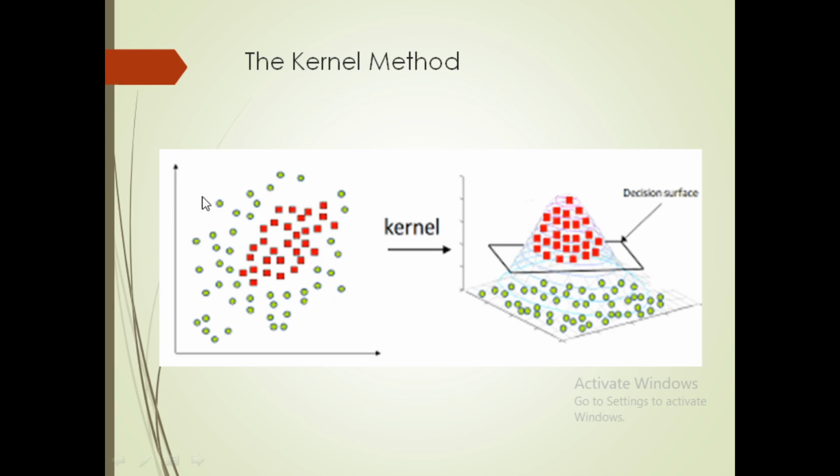If I draw a line over here, on one side I'll have all the circles, but there are some circles present over here, and some squares come under the same side. So I cannot classify with a single line. Instead, when we have a kernel, this kernel translates the two-dimensional data points into three-dimensional ones.